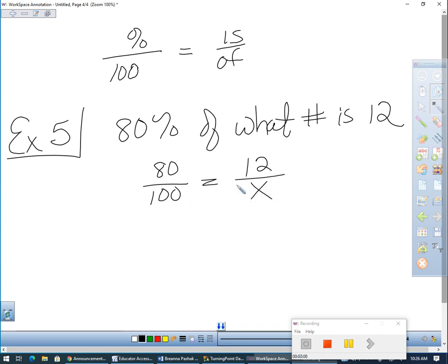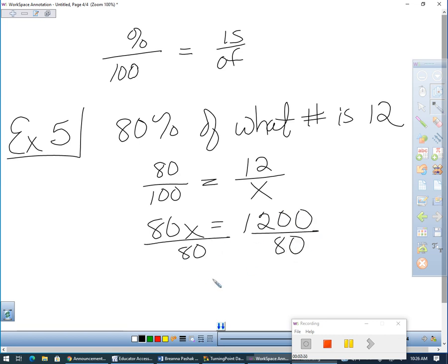When we cross multiply, x times 80 is 80x. 12 times 100 is 1,200. Divide both sides by 80. X equals 15. Right, everything goes in exactly the same place, right? If it's always percent over 100 equals is over of, it works every single time.